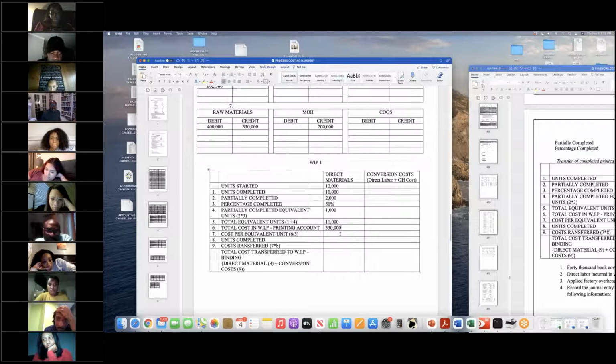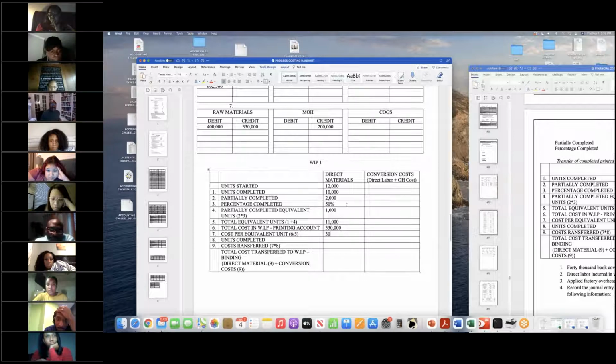The cost per equivalent unit we get by dividing line 6 by line 5. So if we divide 330,000 by 11,000, how much do we get? 30. 30? Okay.